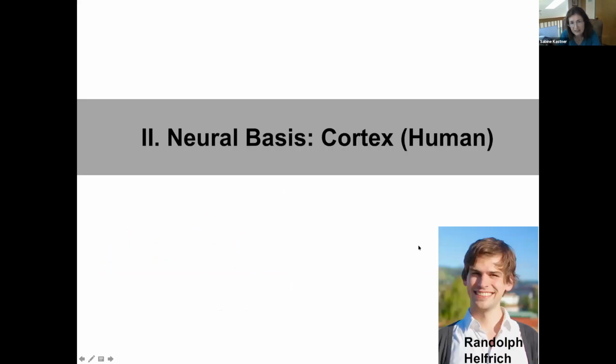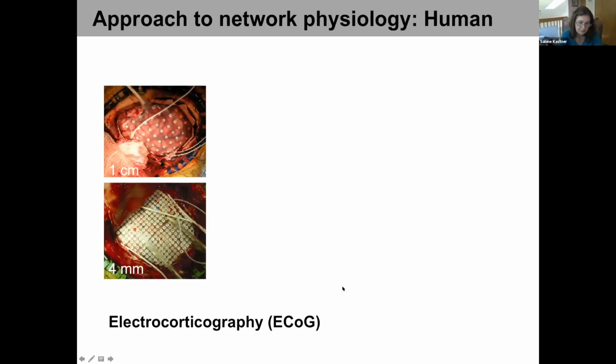So let me now tell you about the neural basis of these rhythmic properties, and I will actually start with our human intracranial studies. These were performed by Randolph Helfrich, a postdoc at the time in Bob Knight's lab at UC Berkeley. Randolph now has his own group at the University of Tübingen in Germany. In electrocorticography or ECoG recordings, epilepsy patients get implanted with ECoG grids.